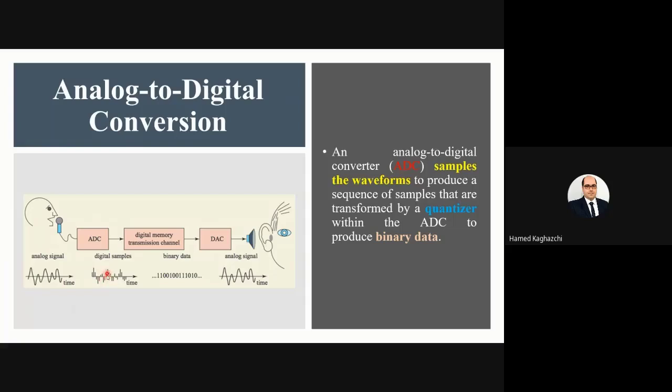These are the sequence of samples of this signal, and they are transformed by a quantizer to produce binary data. This is the task of ADC: it samples the waveform like that, then using a quantizer produces binary data.